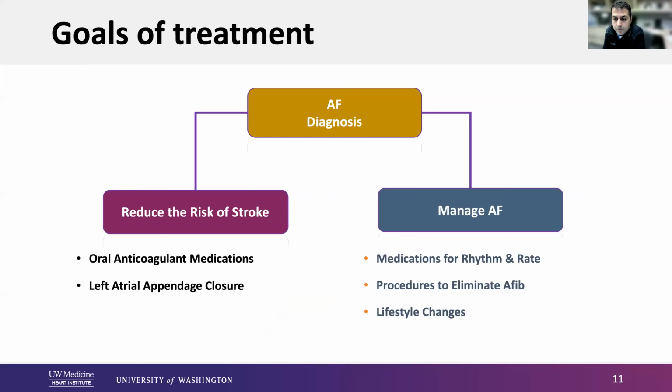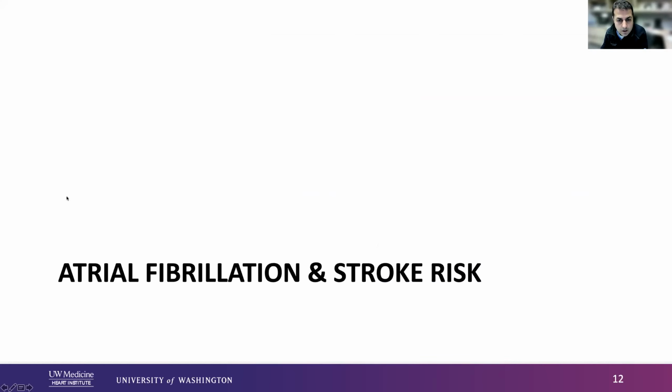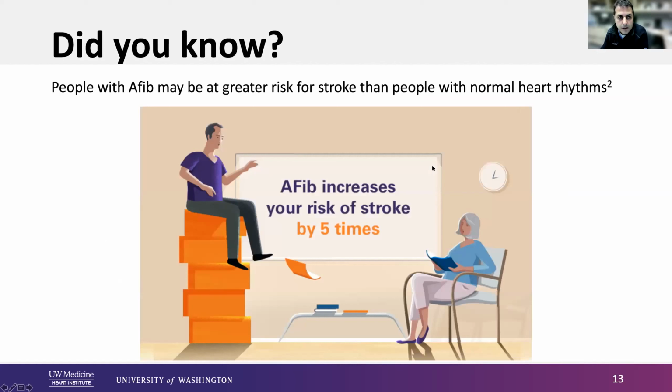And if we need to get rid of it, what are our options? If there's any associated weakening of the heart muscle, what are our options there to help get rid of the arrhythmia and reverse and return things back to normal? So let's start with the associated stroke risk and what are the mitigating factors there.